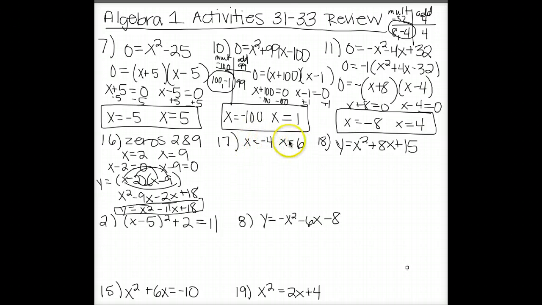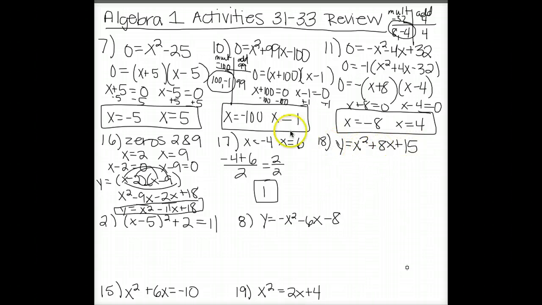So zeros are x coordinates of x-intercepts. So the easiest way to do this is to take those two values and add them together and divide by 2. So -4 plus 6 is 2. 2 divided by 2 is 1. So that is the x coordinate of the vertex.